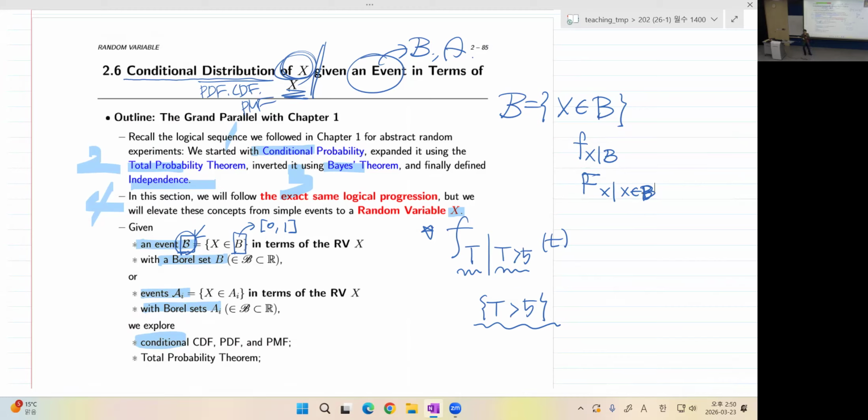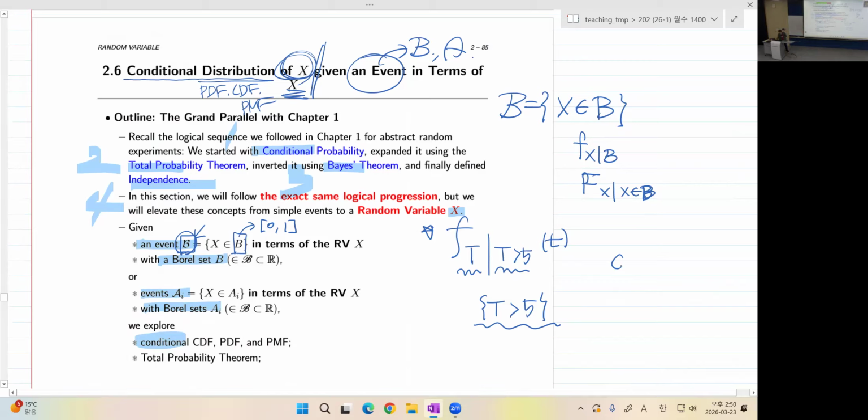In any case, the most fundamental distribution is what? CDF. The most intuitive distribution is PDF. Got it? Because PDF is what? A kind of limit of the normalized histogram.